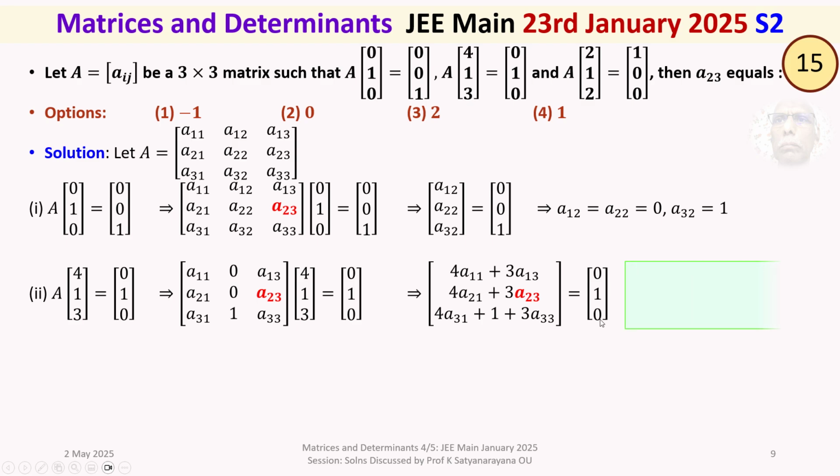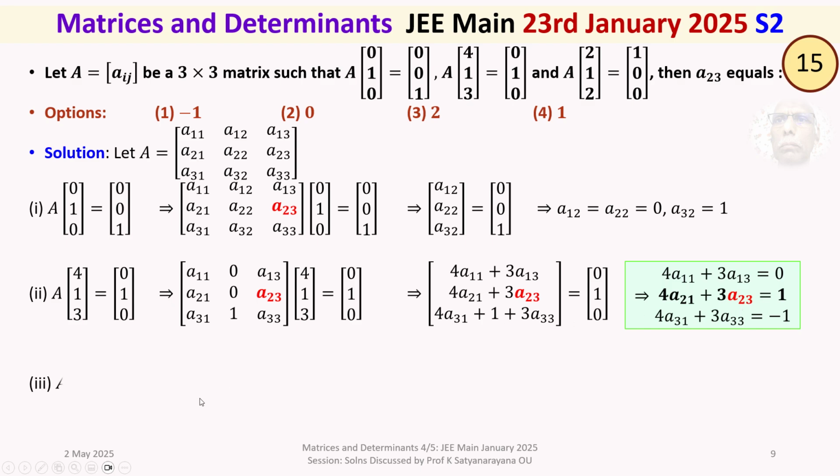So in this, you get 3 equations. What equations are required, I do not know, but this is the second one: 4A21 plus 3A23 is equal to 1.